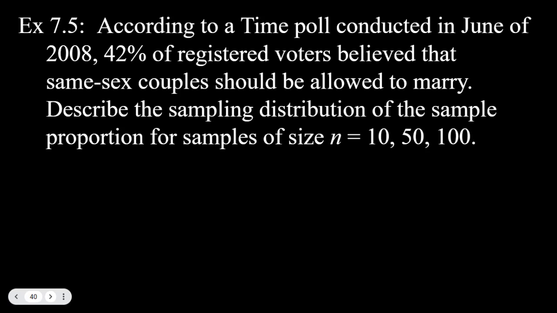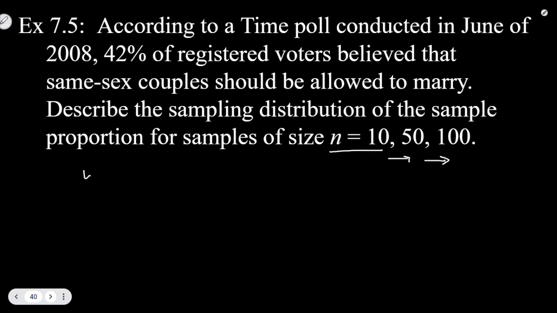So the key thing here is, like we just said in our last slide, when n is 50, we have a certain standard deviation, and it doesn't really matter what it is. But as that n value grows to 50 and then finally to 100, that standard deviation is going to decrease.